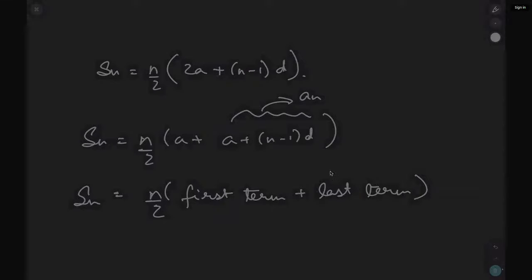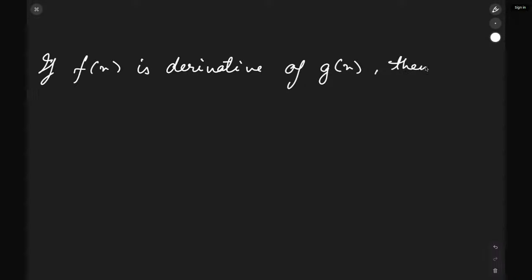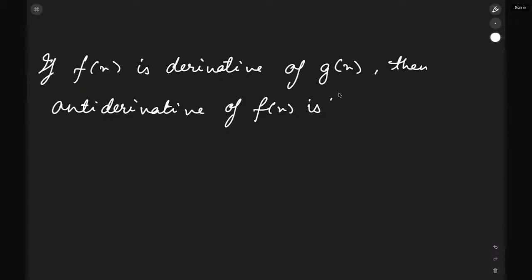So the next question that we have is, if f(x) is the derivative of g(x), then the antiderivative of f(x) is... sorry, this is not the question.